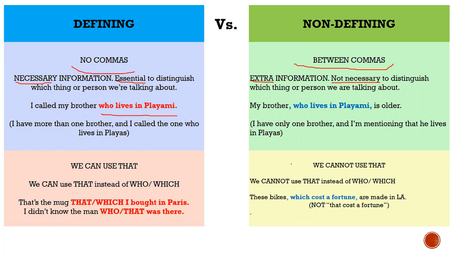All right, and let's go back to our other friend that only has one brother. If she says my brother is older, do we know who she's talking about? Well, yes, we do, because she only has one brother. She doesn't have to clarify which brother she's talking about because she only has one. So for her, this wouldn't have to be a non-defining relative clause because once she says my brother, we already know who she's talking about.